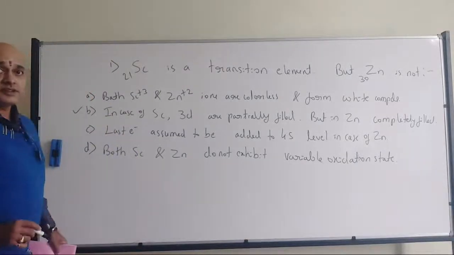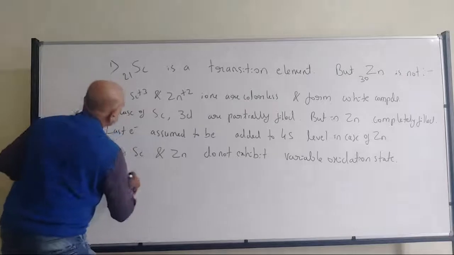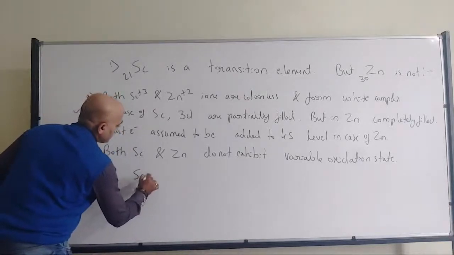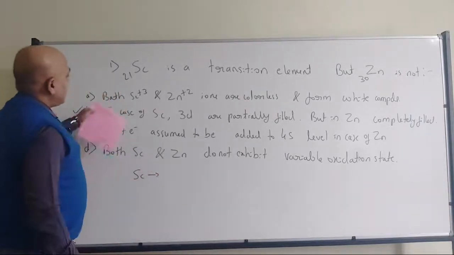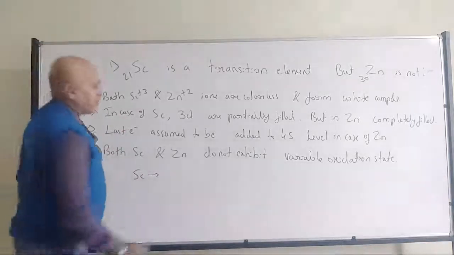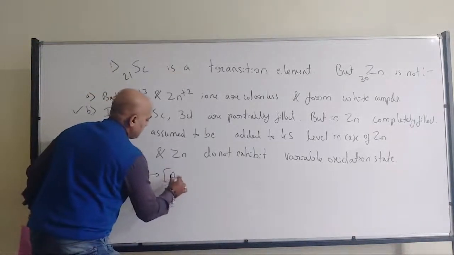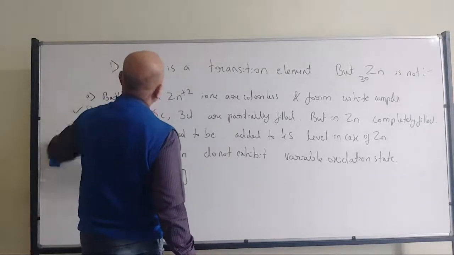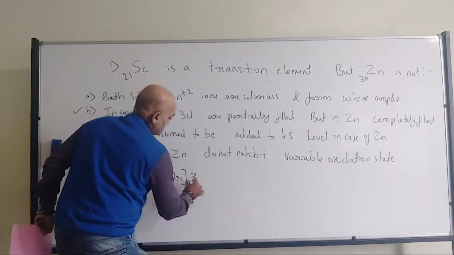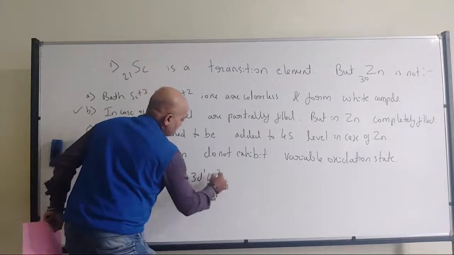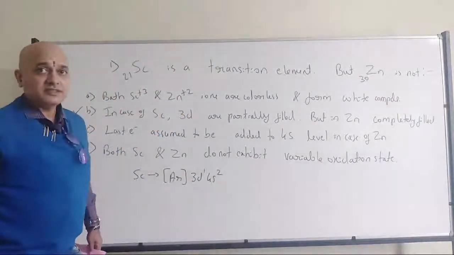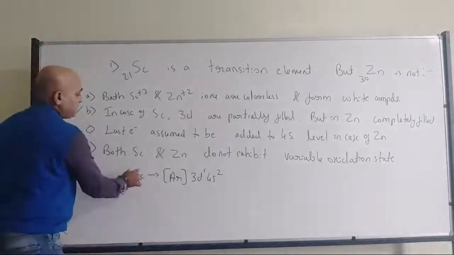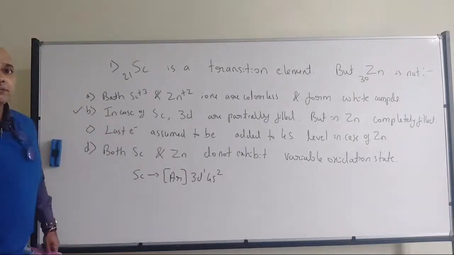Yes. Very good. Because when it comes to scandium, what should be the electronic configuration? It will be argon, and since it has 21, it will be 3d1 4s2, right? So 3d1 4s2, the first element in that particular period.